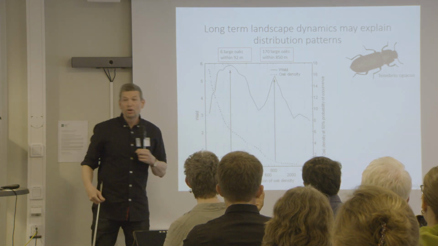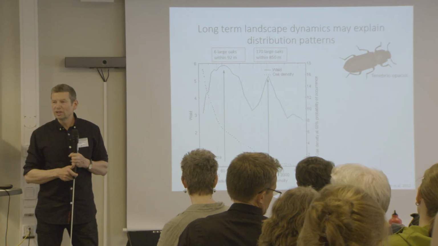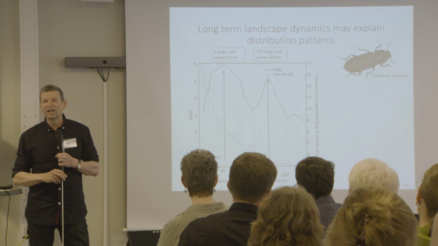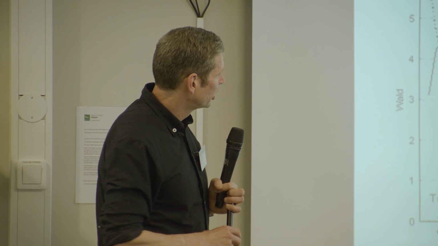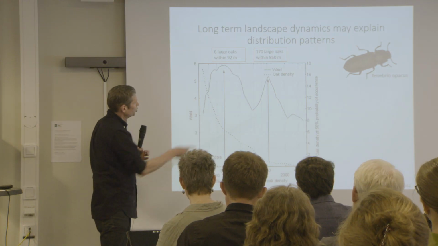And this one is a non-flying species, so it responds to a much smaller spatial scale. It requires 6 large oaks in a small stand. So this is one of the most demanding species. But then we have another peak here within 850 meters.